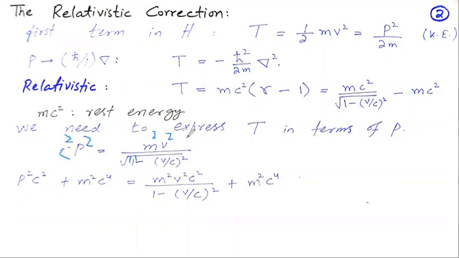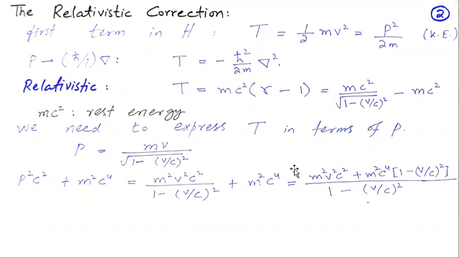Now add m square c power 4 on both sides. This is the resulting expression of the whole calculation. Taking the LCM of this expression will lead us to this expression.